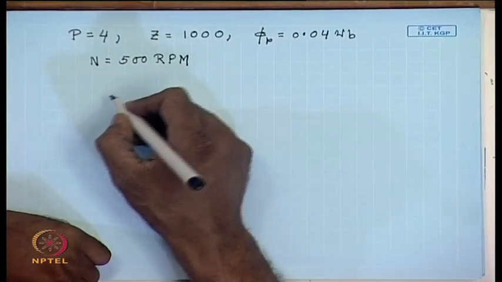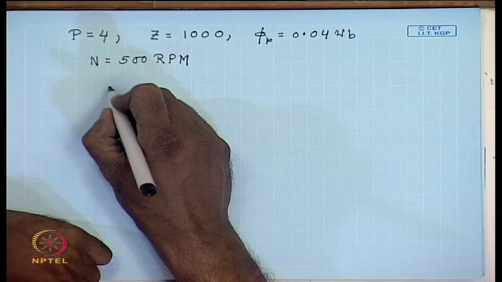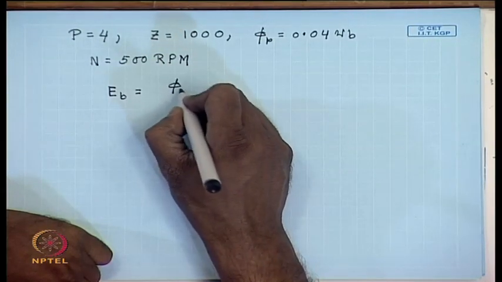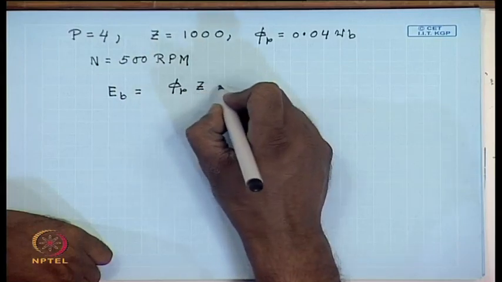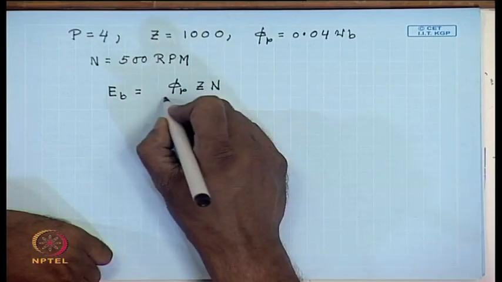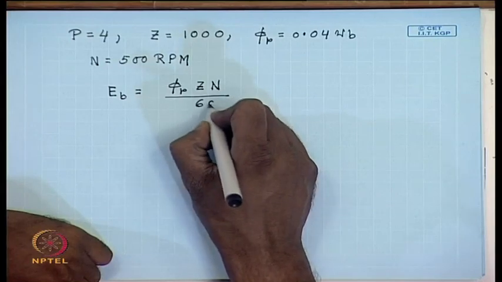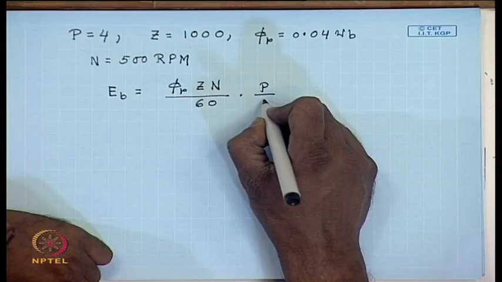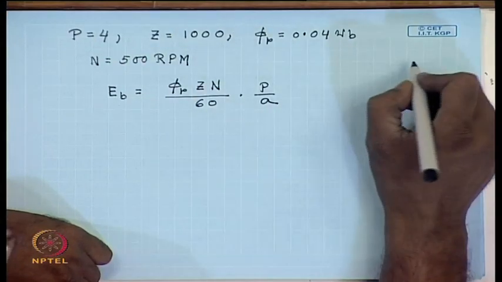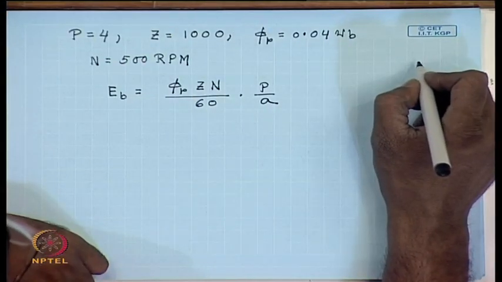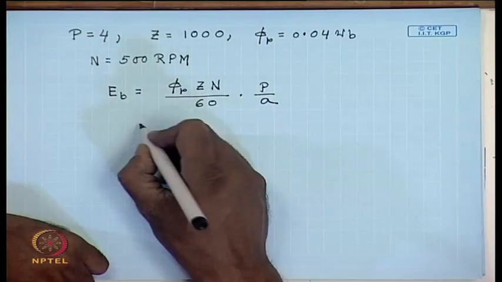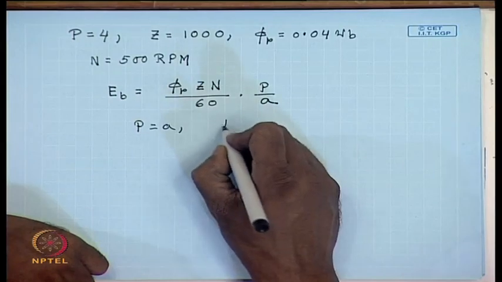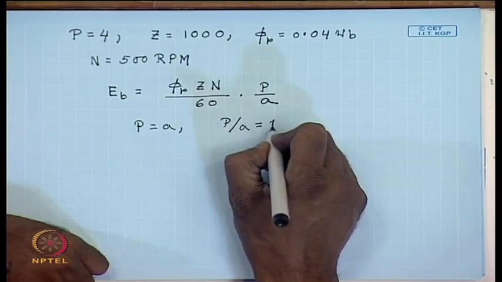This is a simple application of the formula E b equal to phi p Z n by 60 into P by A. Since this is a lap connected armature, therefore, P equal to A and P by A equal to 1.